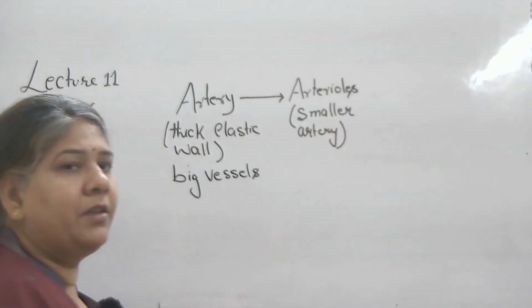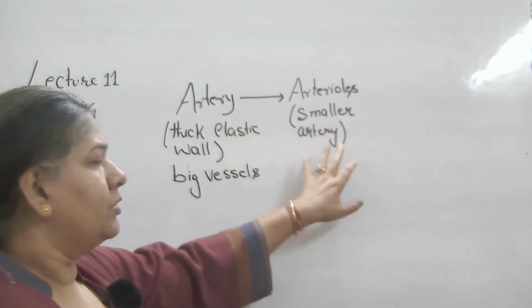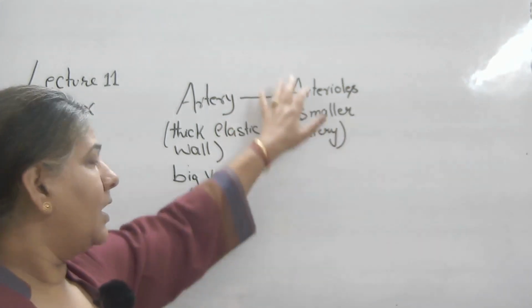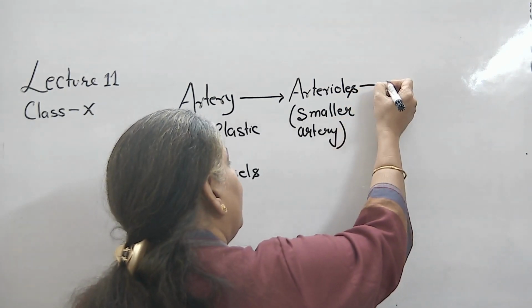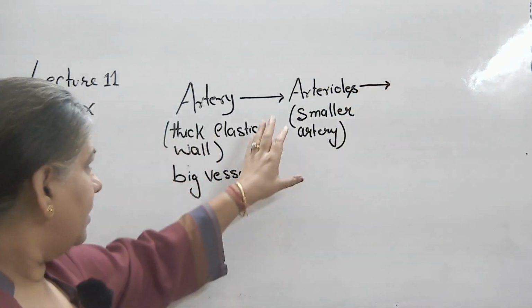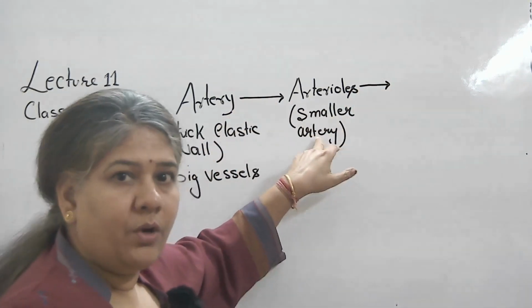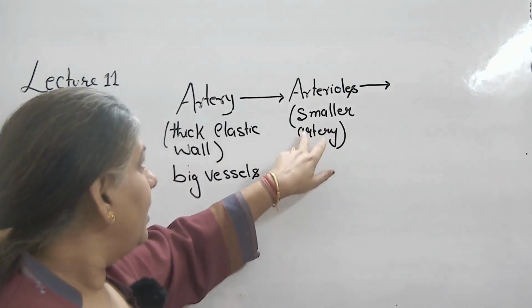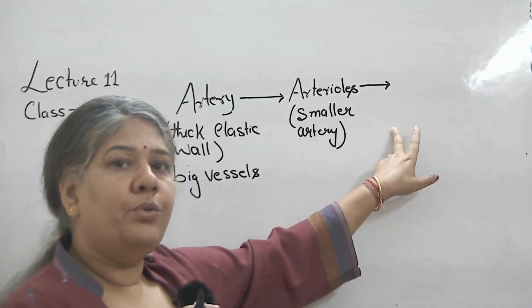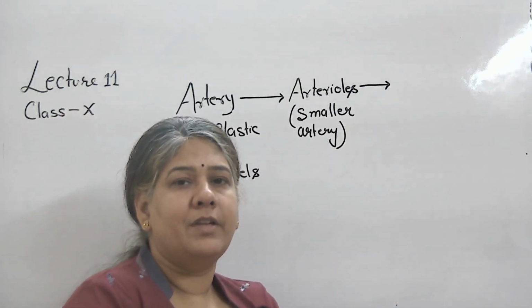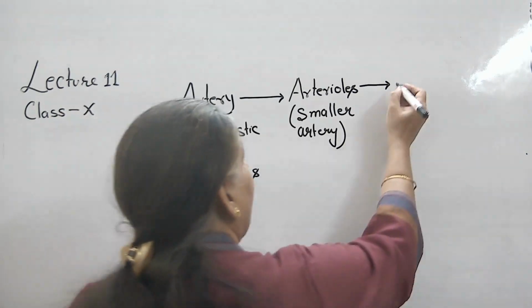So these are branching from the artery, which are smaller arteries called arterioles. These arterioles when enter, so artery will enter into the organ as arteriole, and inside the organ it will further branch into finer vessels which are one cell thin called capillaries.